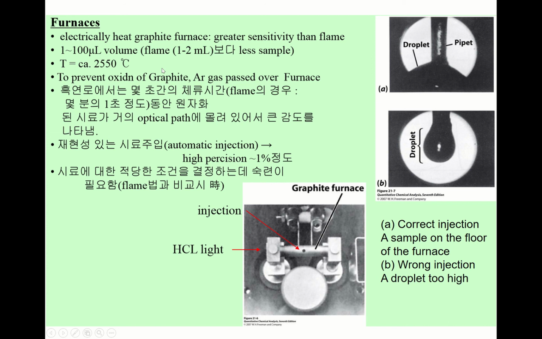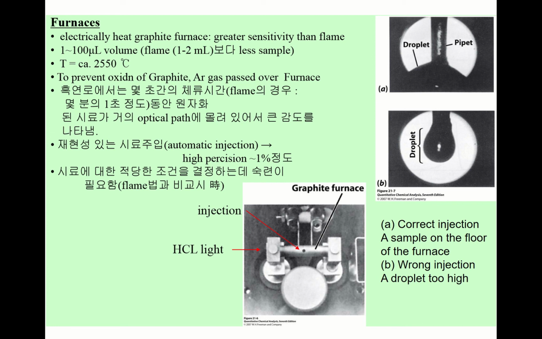And temperature could be raised up to 2558 degrees C. To prevent oxidation of graphite, you may wonder, if you heat graphite, graphite is made of pure carbon, and then carbon may be oxidized to carbon dioxide.